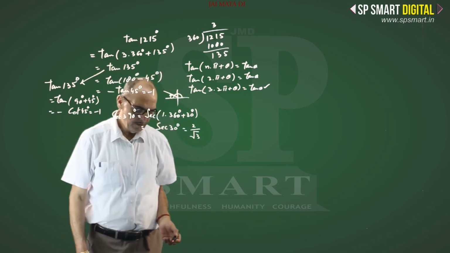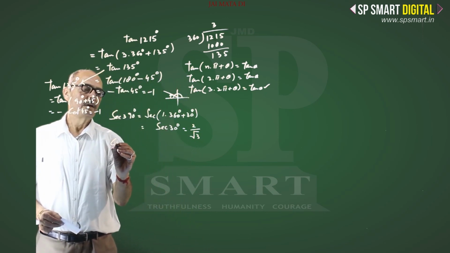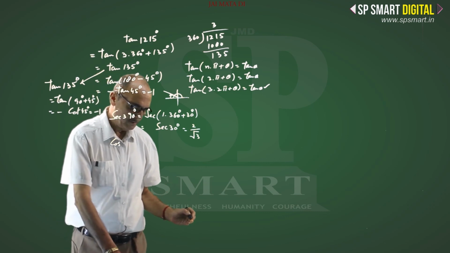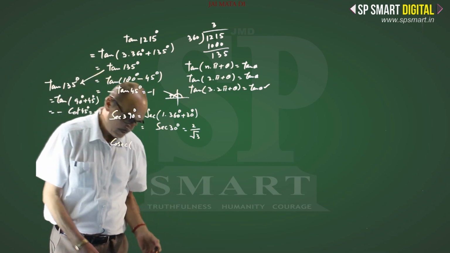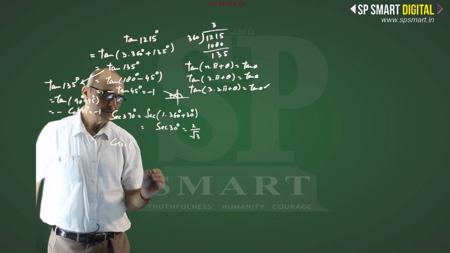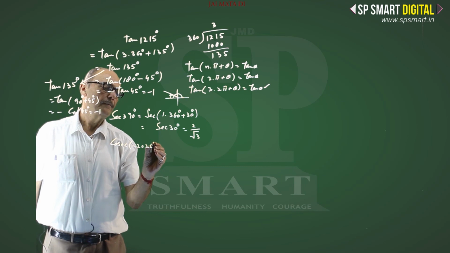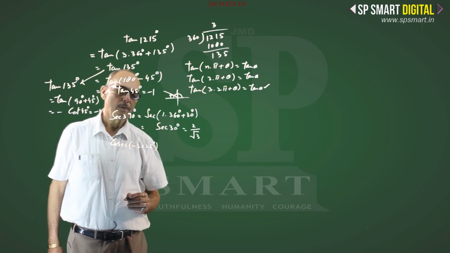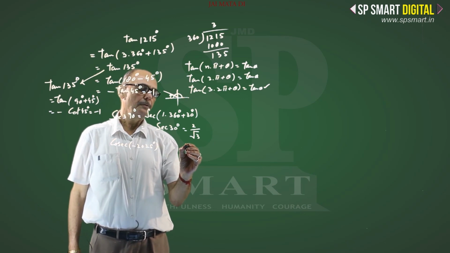Then we have angles like this, cosec of minus 2025. We shall make use of this result.